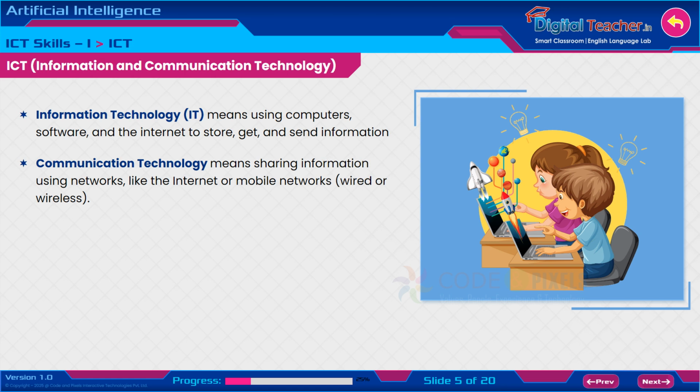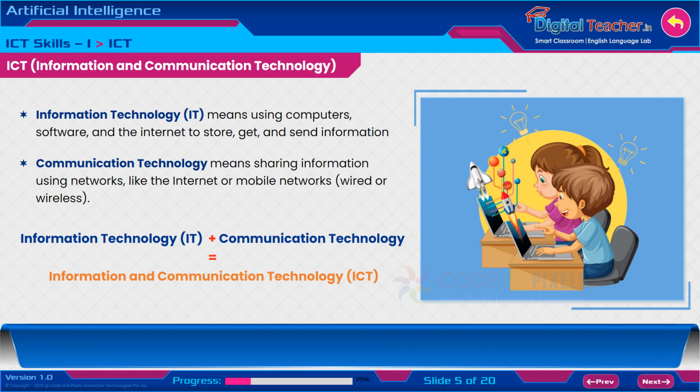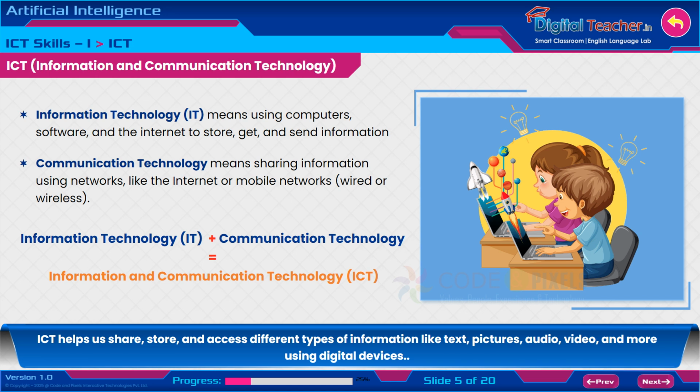Communication technology means sharing information using networks, like the Internet or mobile networks. When we put both together, it becomes information and communication technology. ICT helps us share, store, and access different types of information like text, pictures, audio, video, and more using digital devices.